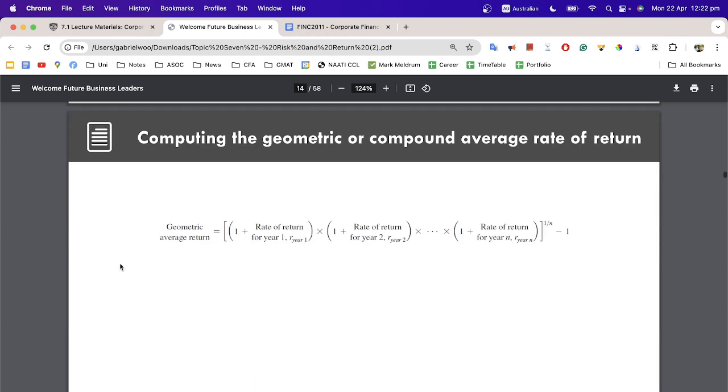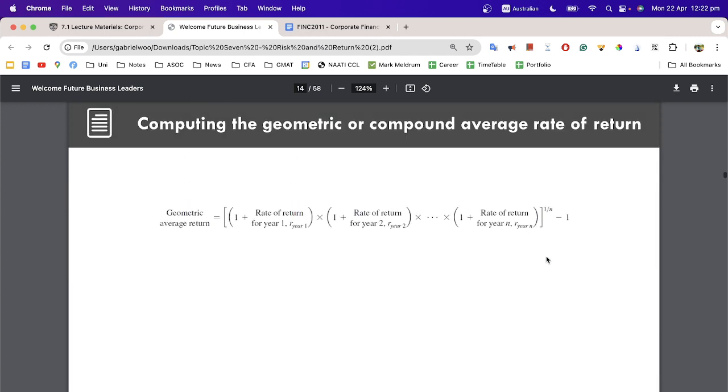Therefore, a geometric return takes into account the effect of compounding and the returns over the entire period. You take 1 plus the rate of return for year 1, times 1 plus the rate of return for year 2, and so on through year 3, 4, 5, to 1 plus the rate of return of year n, the final year. You multiply them together, and then you take the 1 over the nth power, not the square root, minus 1.